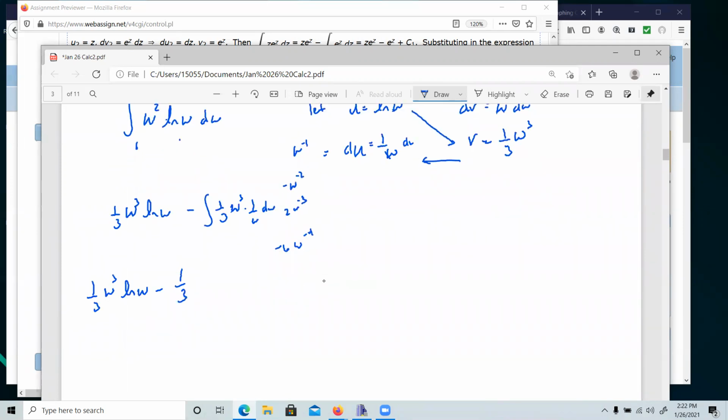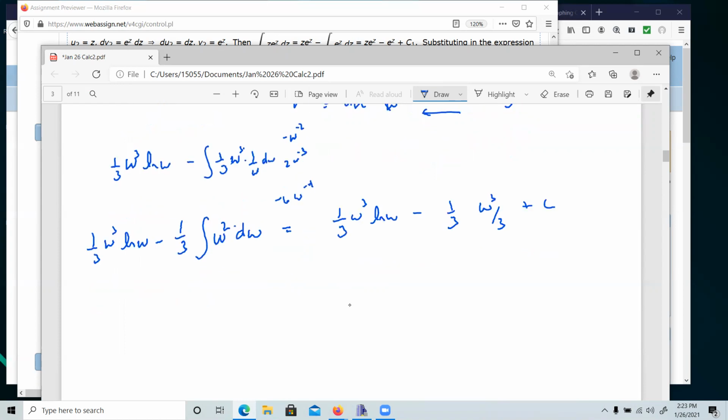We have 1/3 integral, and I have w cubed over w, which is w squared, dw. All right, so this is equal to 1/3 w cubed ln w minus 1/3 times w cubed over 3, plus c. All right, so here we go. We have 1/3 w to the 3 ln w minus 1/9 w cubed plus c, and we're good. Okay, that's all we have to do with that.